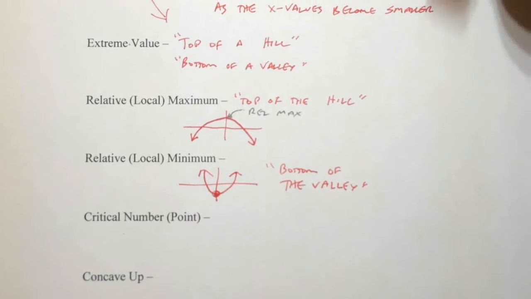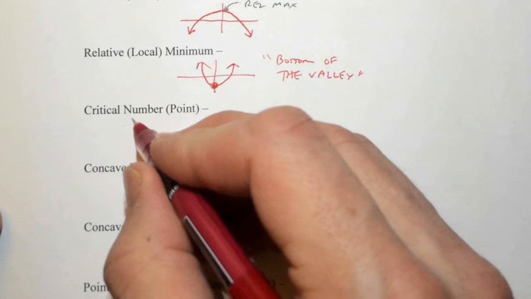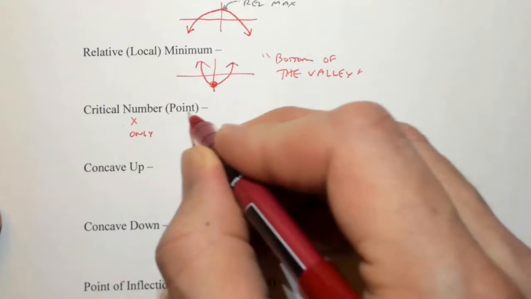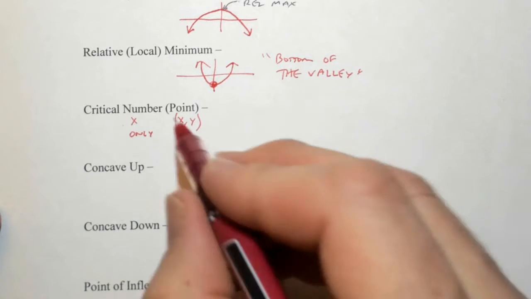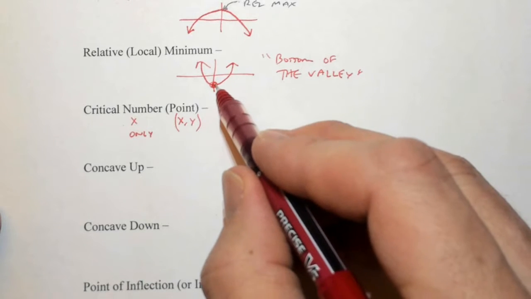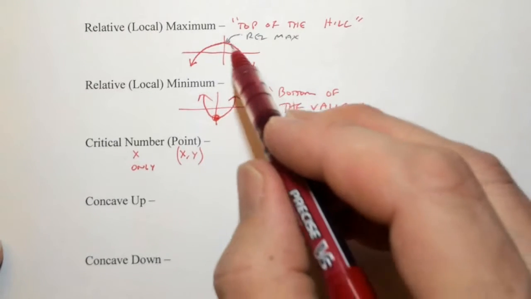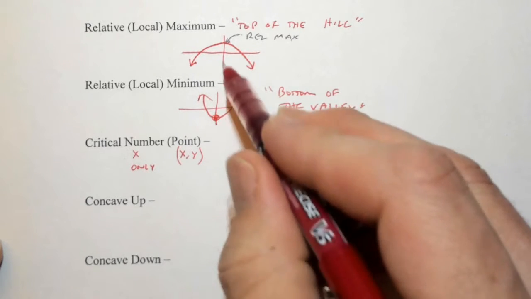Now a critical number, or a critical point, so a critical number means x only, but a critical point means we actually have the x and the y. But a critical number, critical point, that's where the relative min or the relative max is going to occur. Well, what happens at a relative min or relative max?